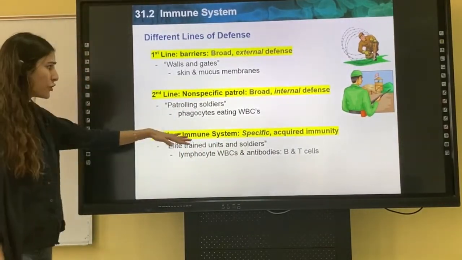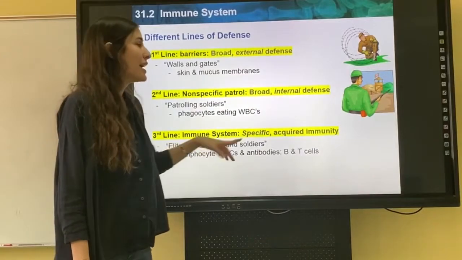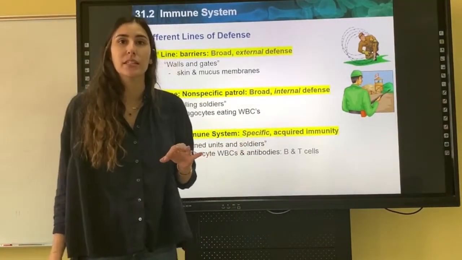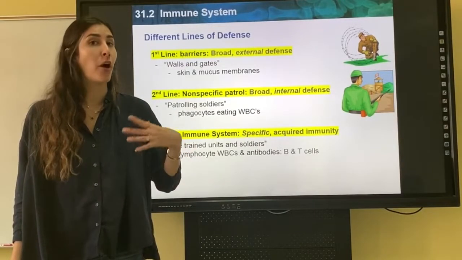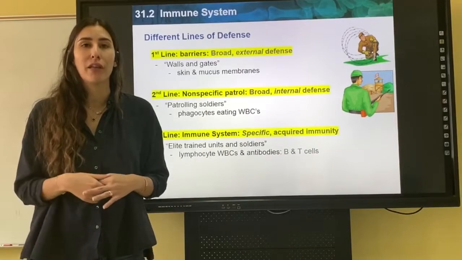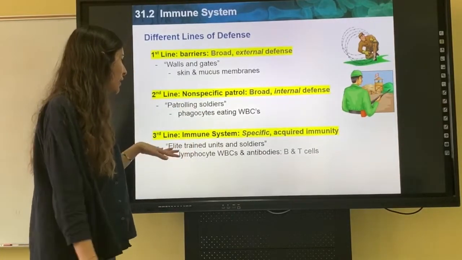So the third line of defense in our immune system is very specific, okay? It's also acquired immunity, meaning it's an immunity that you're not born with, you get as you are exposed to more and more pathogens, and we will talk about that later.